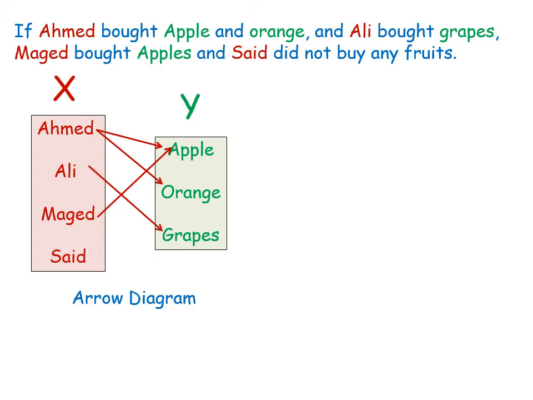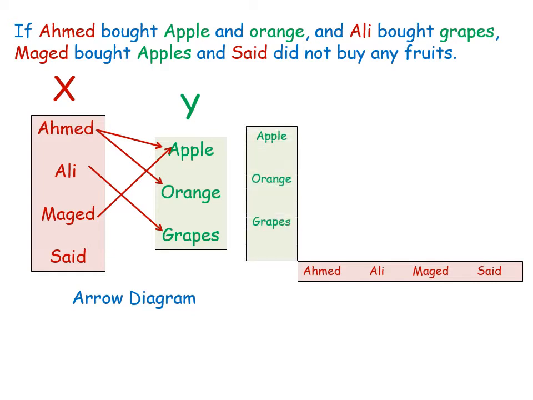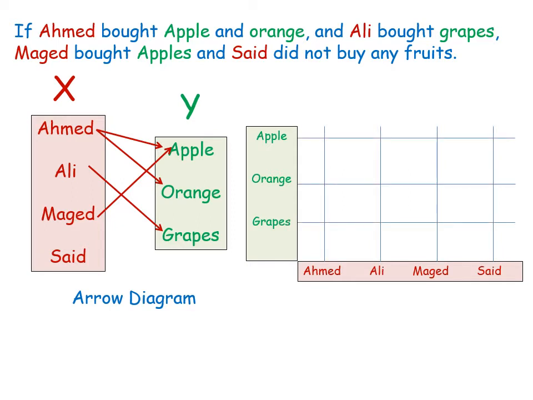And we can also represent it by a Cartesian diagram by putting X on the horizontal axis and Y on the vertical axis and beginning to find the crossing points of this relation.